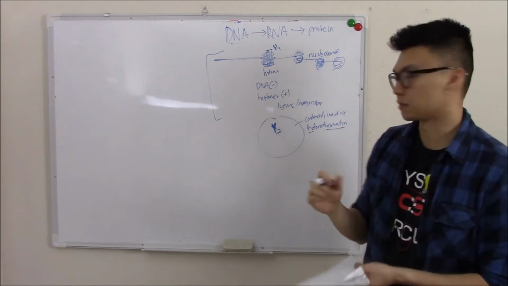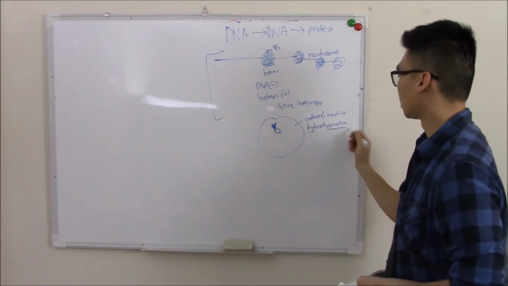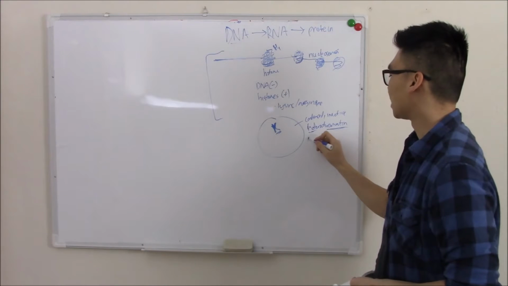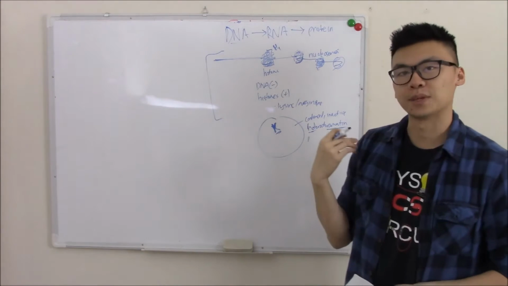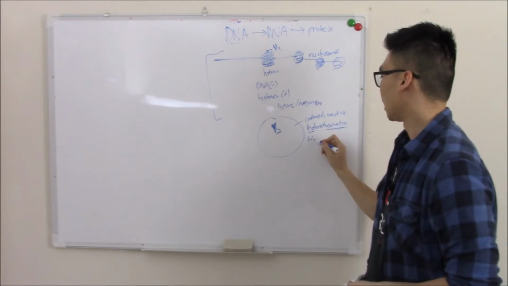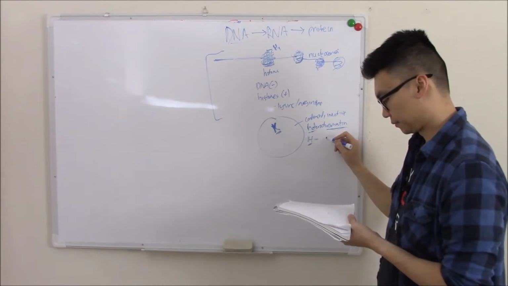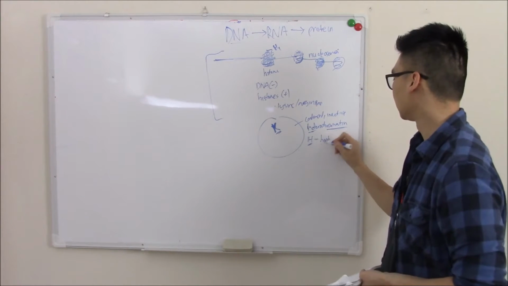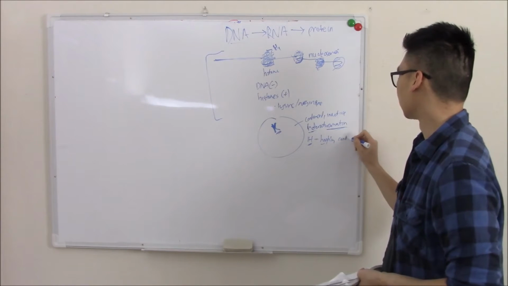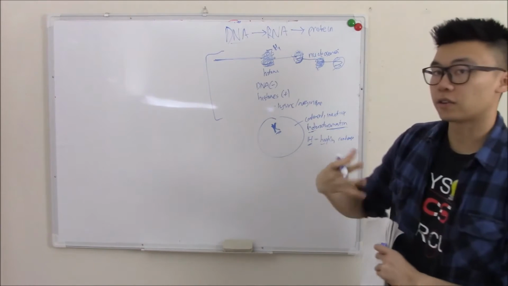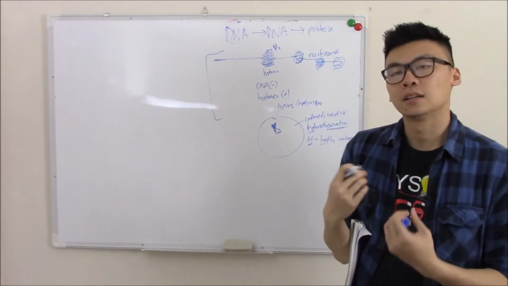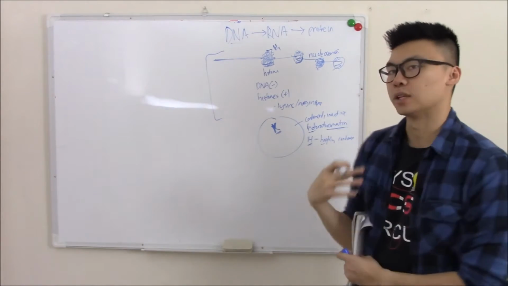Again, chromatin is a condensed form, so heterochromatin means it is condensed, inactive, can't be reached. So you can think of H as meaning highly condensed.